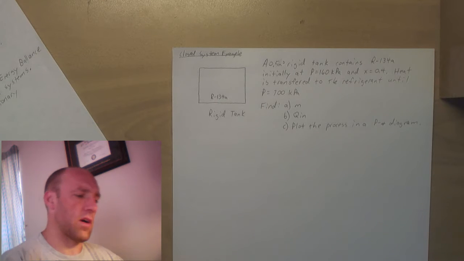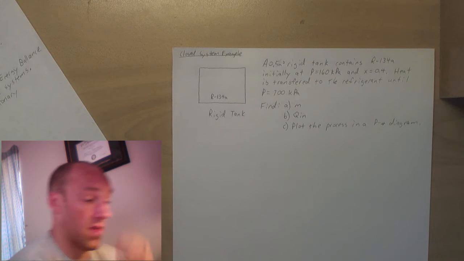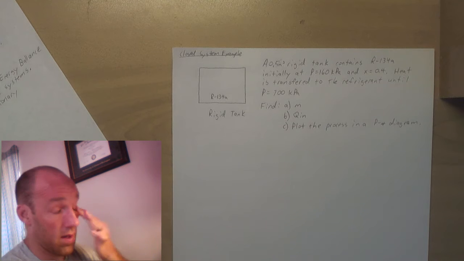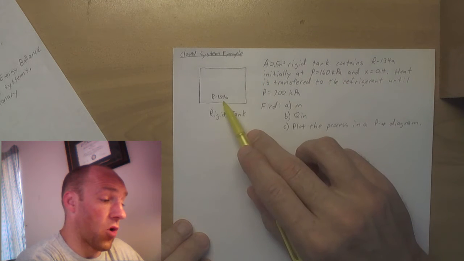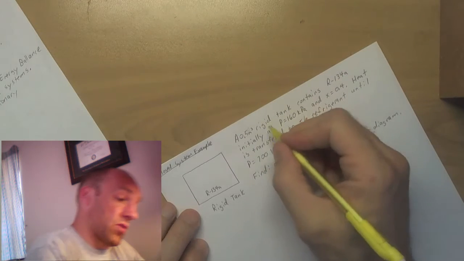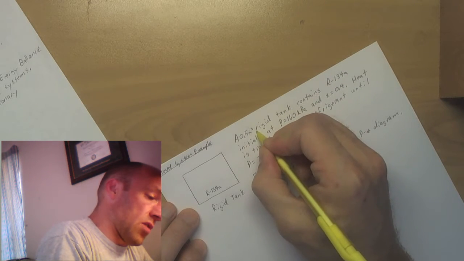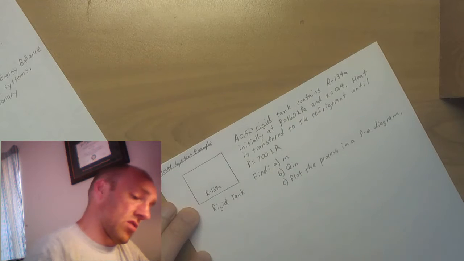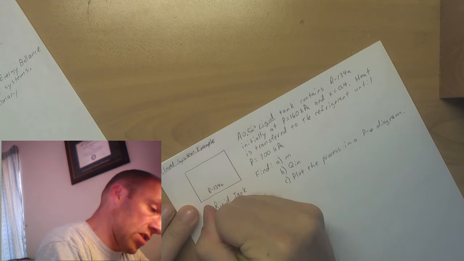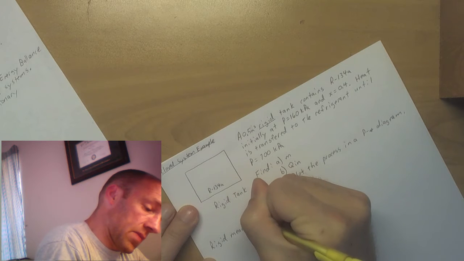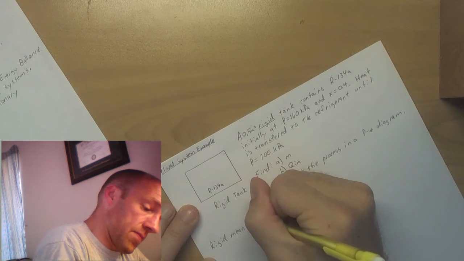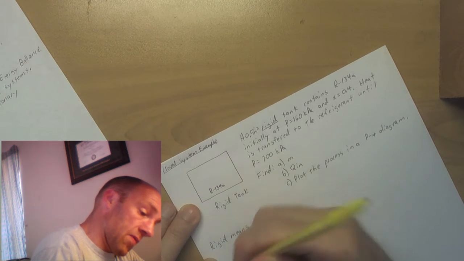Okay, so here's a typical closed system example. I have a tank filled with R134A. There are keywords you have to pick up on when you're doing these sorts of problems. Rigid means the volume is constant.